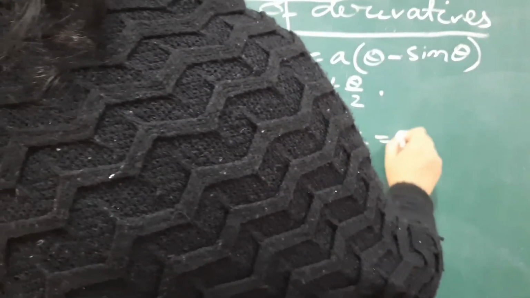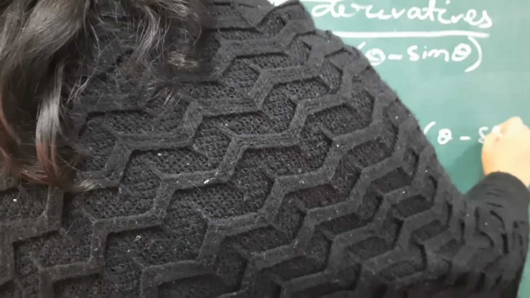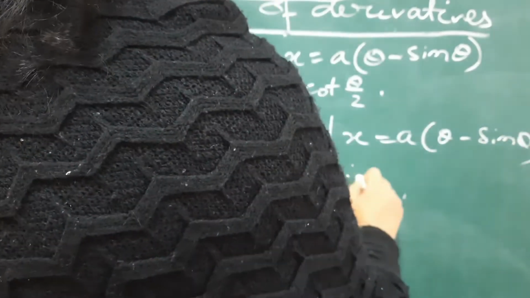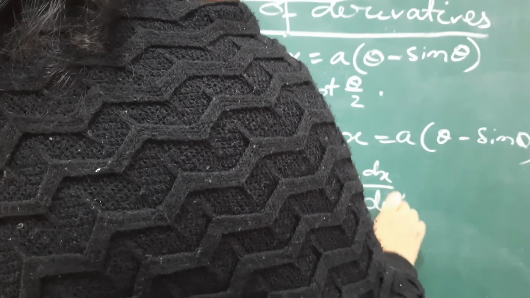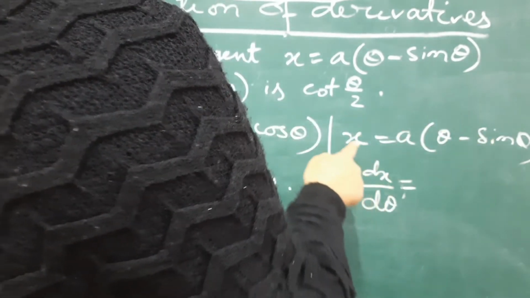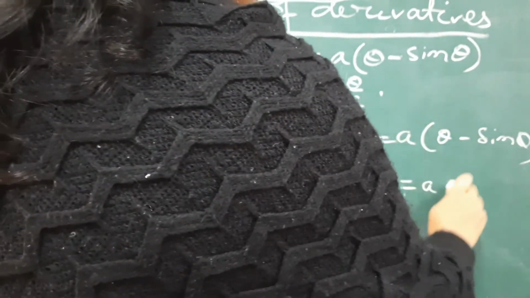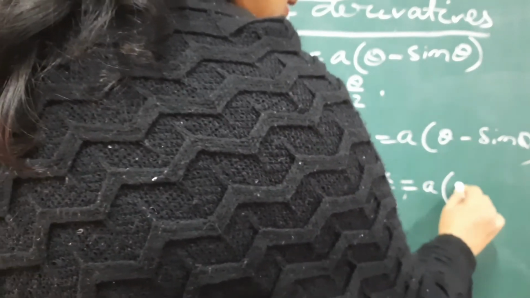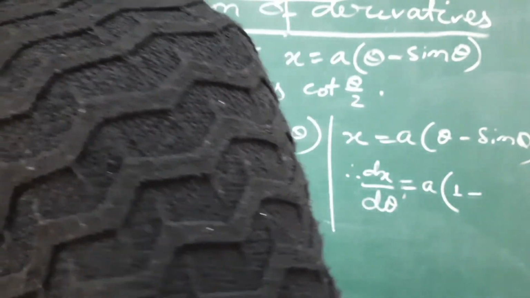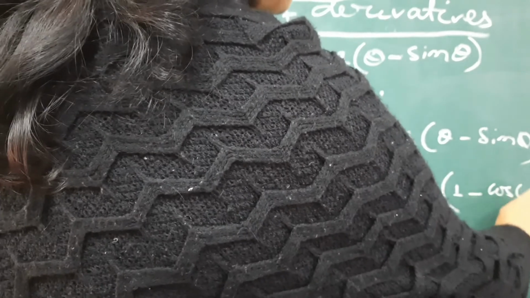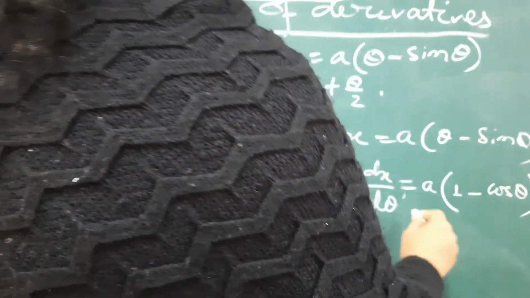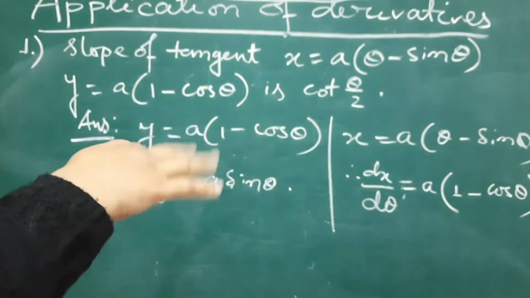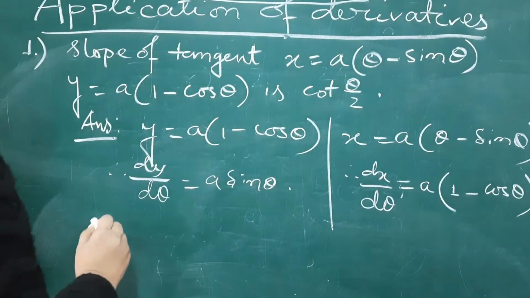And x is equal to a into theta minus sin theta. The derivative of x with respect to theta: a will be outside as a constant, the derivative of theta is 1 and the derivative of sin theta is cos theta. So it is a into 1 minus cos theta. Afterwards we will break it.